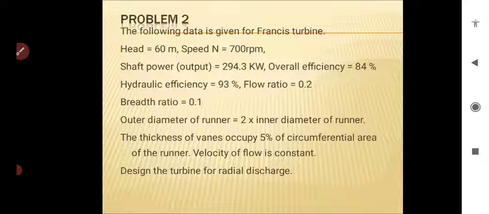Okay, this is the given problem. First we have to write the given data.